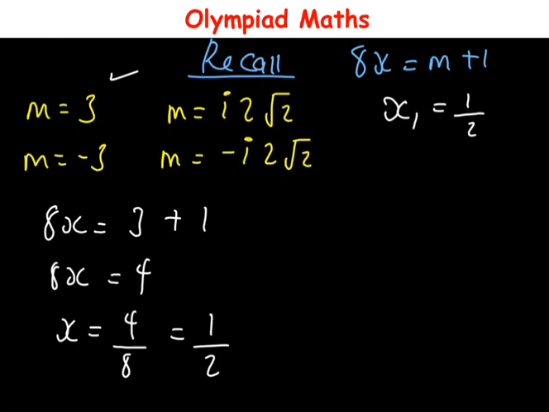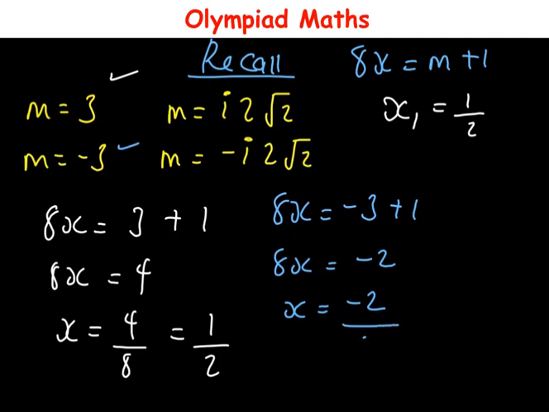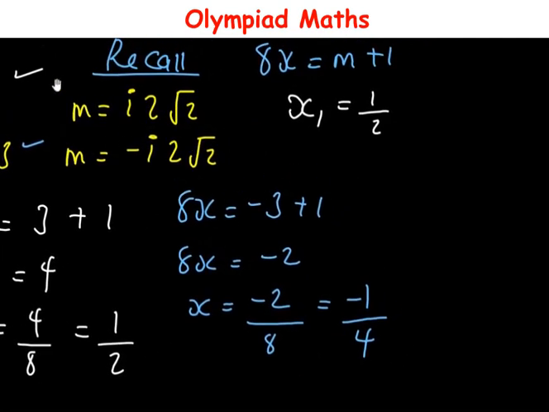Now for the second value of m, equal to minus 3, also input this into the equation. We have 8x is equal to minus 3 plus 1. From here, 8x is equal to minus 2. x is equal to minus 2 over 8, which equals minus 1 over 4. And with this, we have gotten the second solution for x, that x2 is equal to minus 1 over 4.